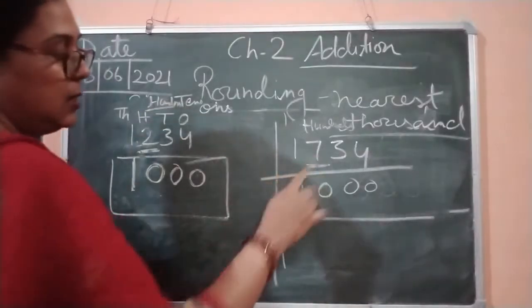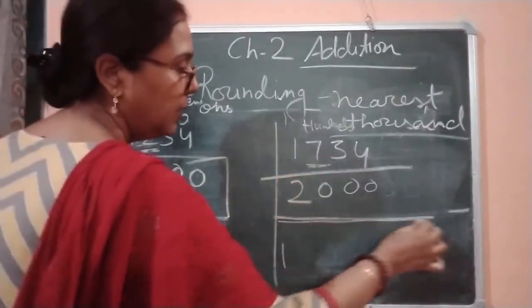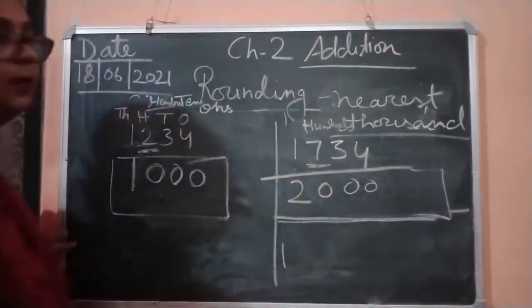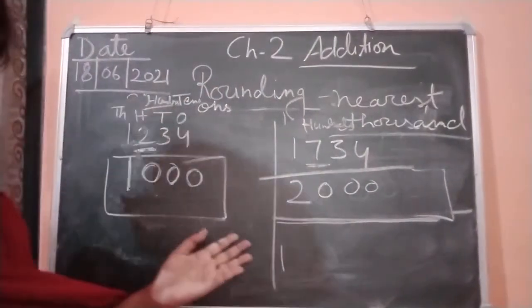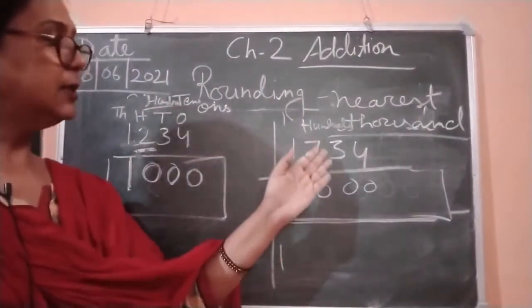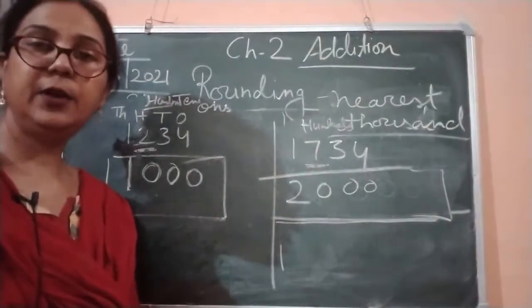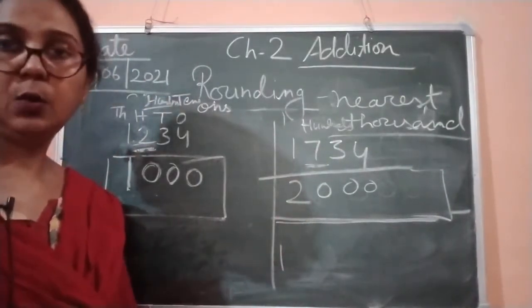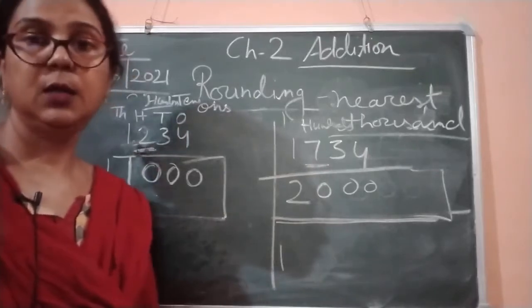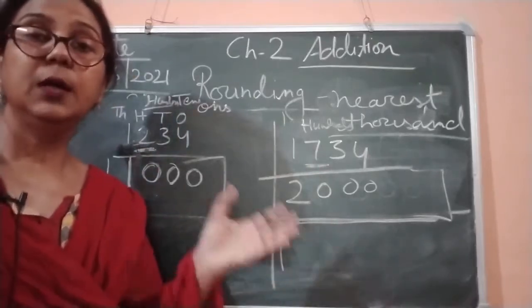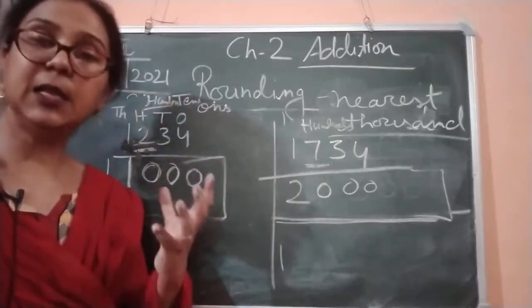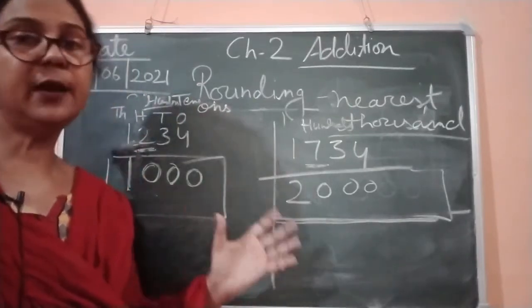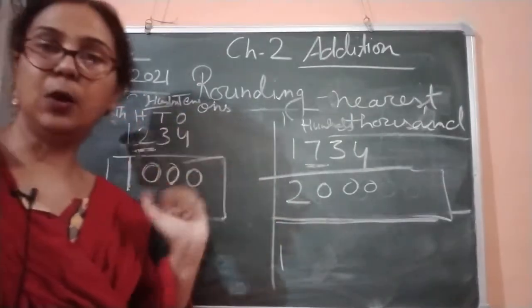That is why 2000 is the nearest thousand. We have completed the round off of 1734. So that is how we will do rounding. So before going to estimate any sum, we have to understand first of all this rounding off.